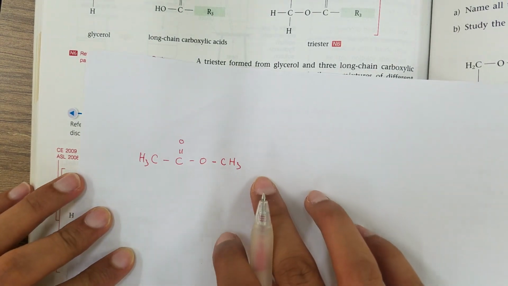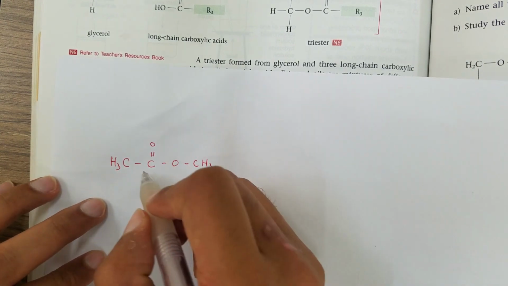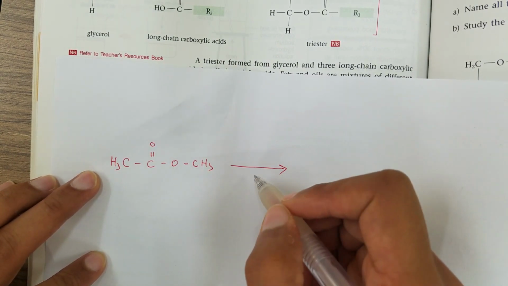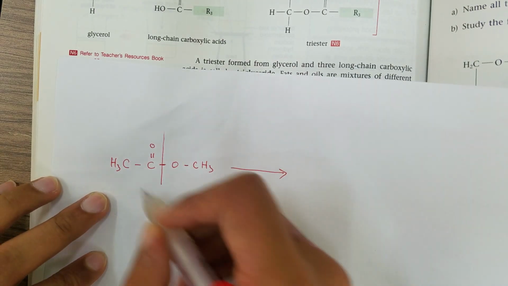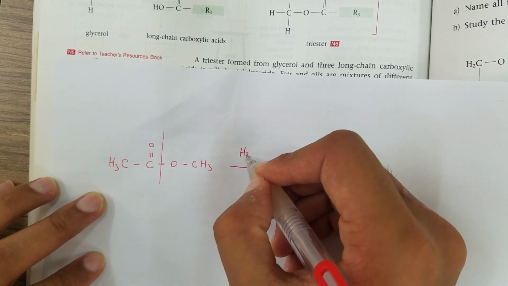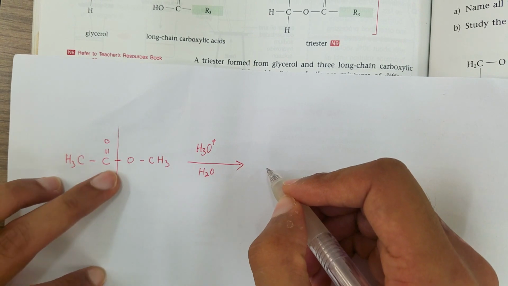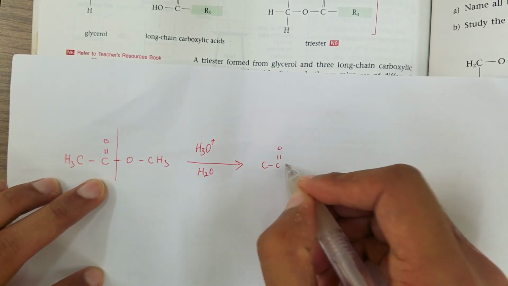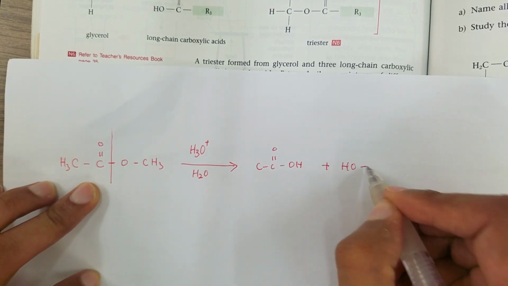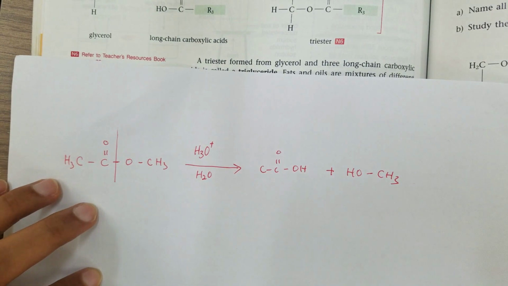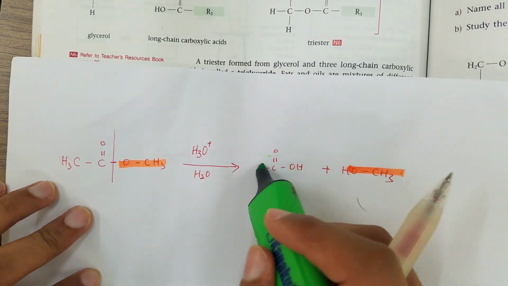Now this is already in the textbook in Unit 32, but I'll repeat it here. When I want to break this, I just have to add an acid and water, hydrolysis. So what happens is I split these two, so I have COOH plus OH CH3. So I have the alcohol coming from the alcohol side, and the acid coming from the acid side.